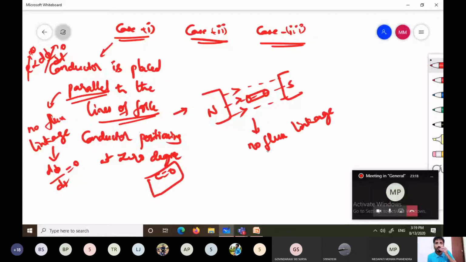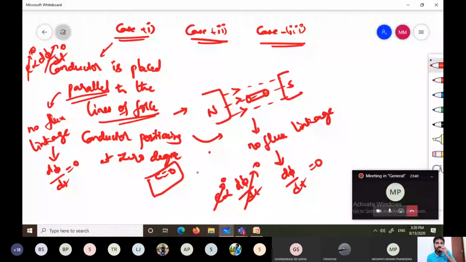If there is no flux linkage, then d phi by dt is 0. As the EMF is directly proportional to d phi by dt, if d phi by dt is 0, then EMF is also 0. So in this particular case 1, the EMF is 0 when the conductor is at the 0 degrees position, that means theta equals 0.